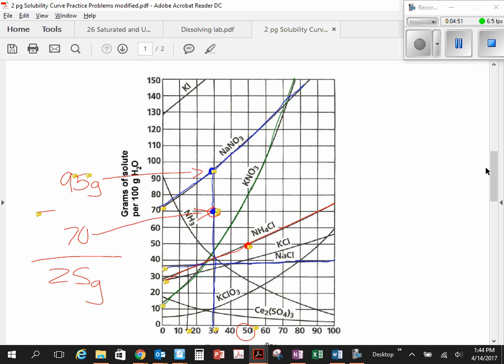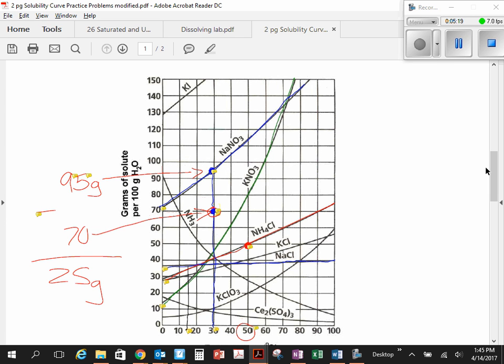Let's say we had sodium nitrate, and yesterday we were working with sodium nitrate. Let's say the temperature was 30 degrees and you put 95 grams in there. Well, fine, that's how much it needs to be saturated. Now, if I add anything else in there over the 95 grams, it would have settled to the bottom.